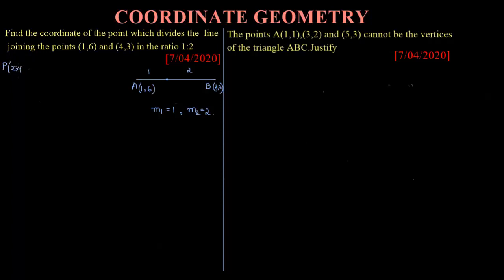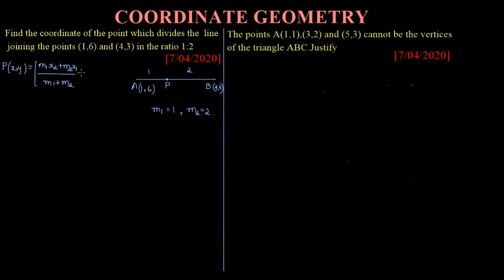P of x comma y. If I am naming this point as P, then I need to use the same letter here as well. So what is the formula? Do you remember that? m1 x2 plus m2 x1 divided by m1 plus m2.